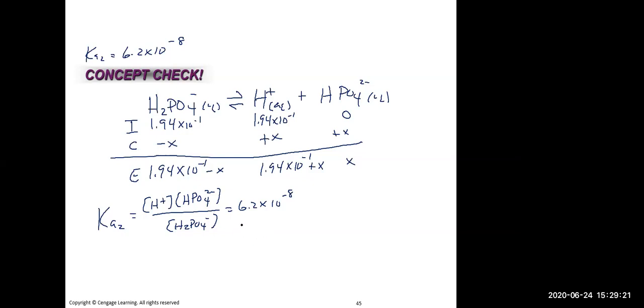That gives us 1.94 times 10 to the minus 1 plus x, times x, divided by 1.94 times 10 to the minus 1 minus x, equal to 6.2 times 10 to the minus 8. Now, at this point, we could assume that x is equal to 0.